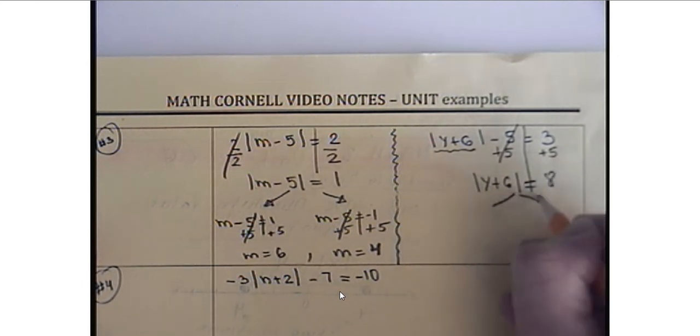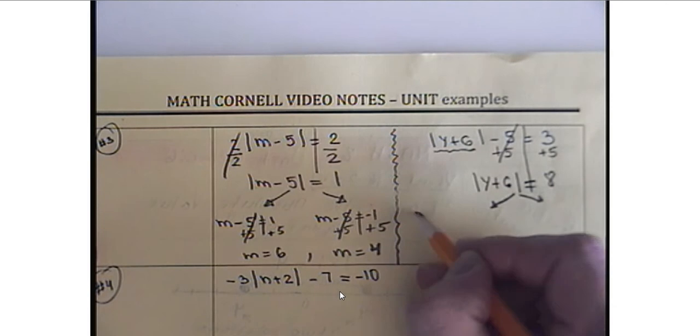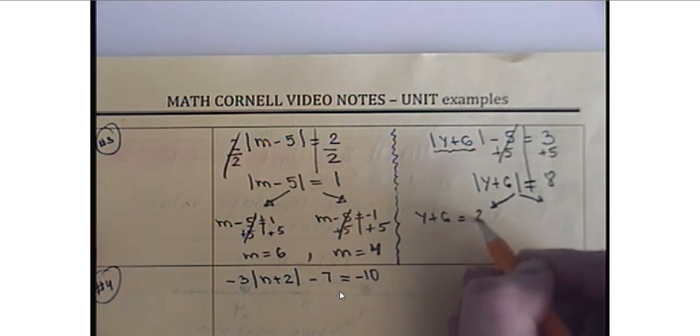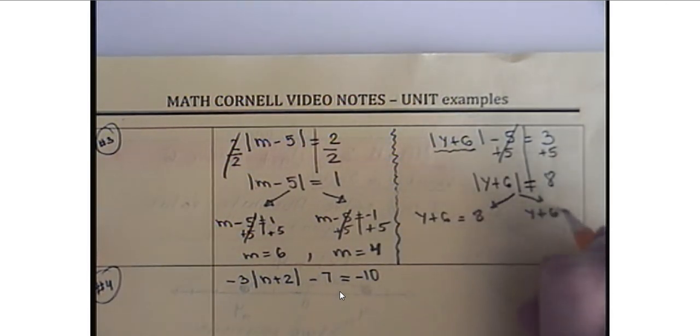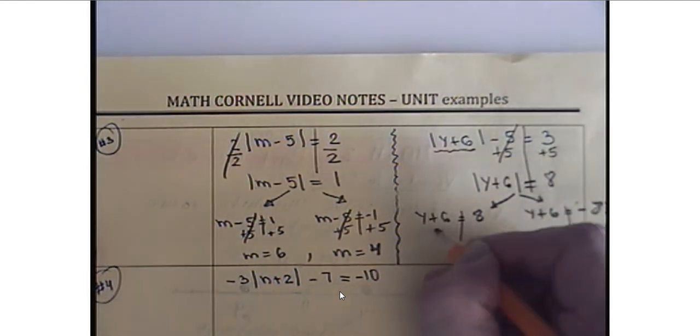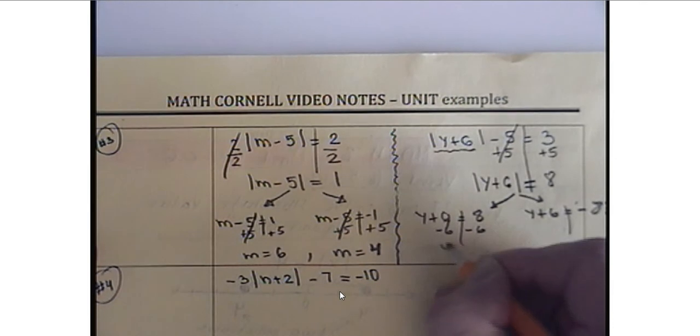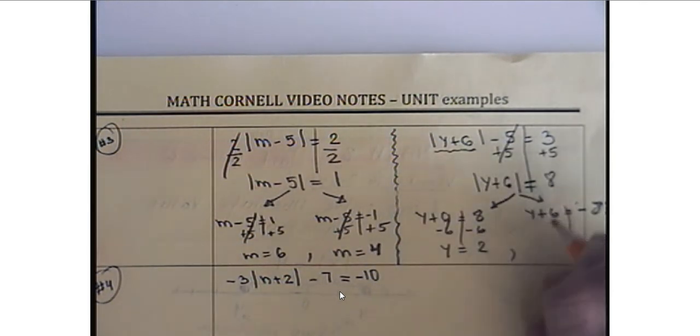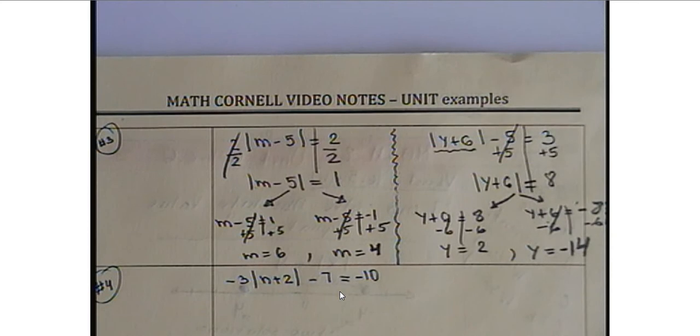Separate into two equations now. y plus 6 equals 8 and y plus 6 equals negative 8. Solve the equations, minus 6, so y equals 2, and minus 6, y equals negative 14. Once you get your two answers, your problem is completed.